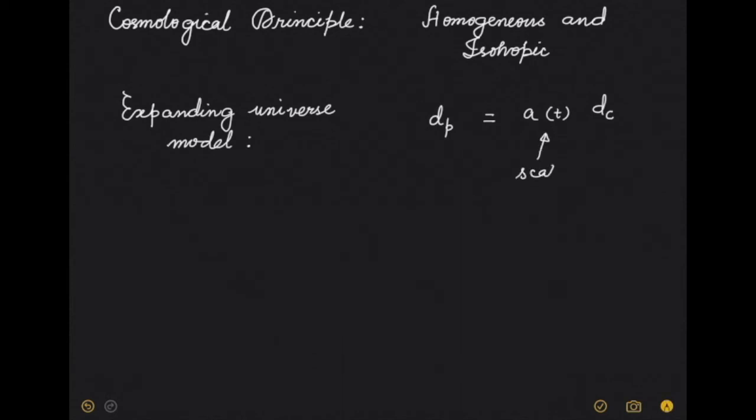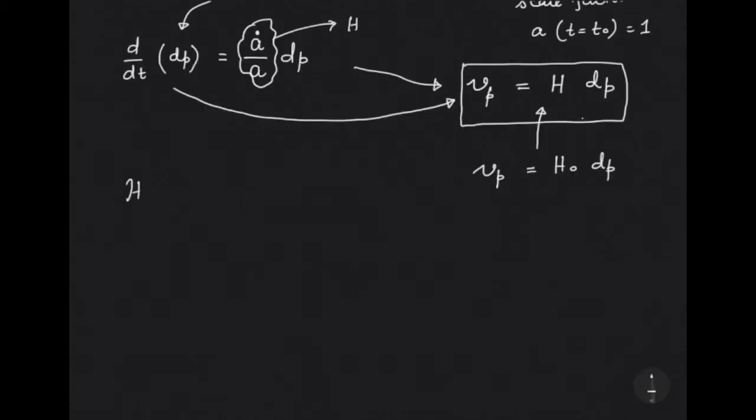So let me label this as scale factor. And if you remember, at t equals t0, where 0 again stands for the present, a(t) is 1. And using this, let me also label these two. So this is proper distance.